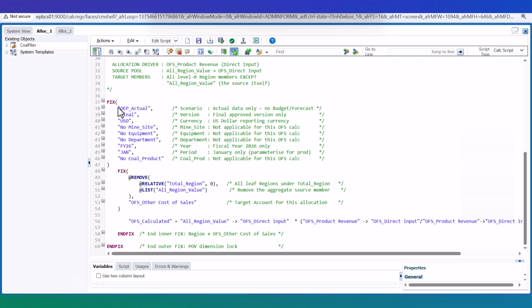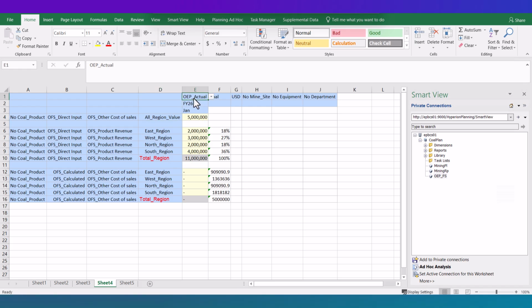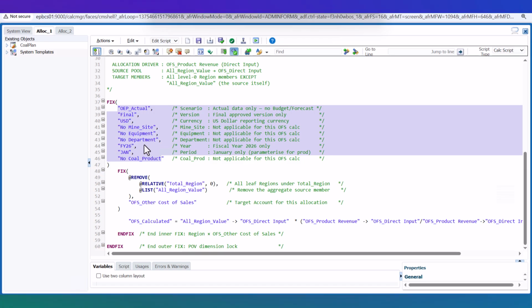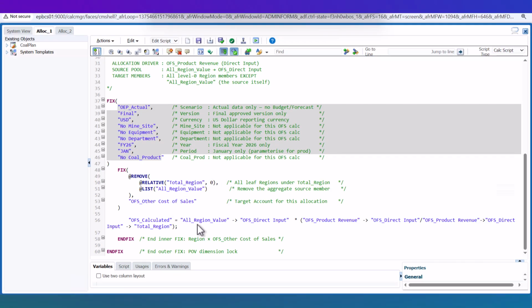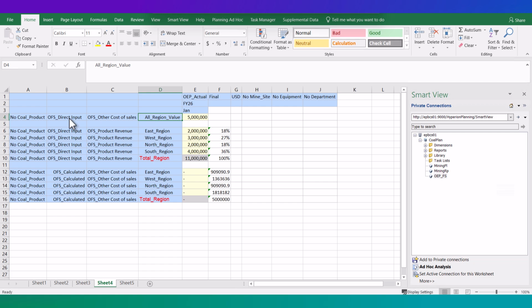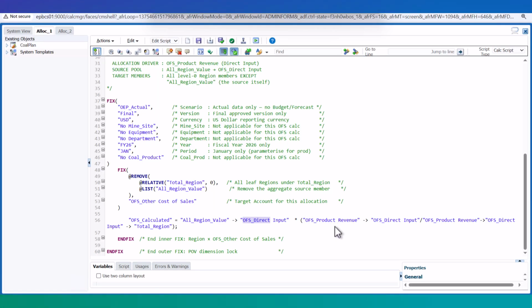And these are all the members which have been fixed inside the Fix statement, because all these members will never change. They are declared under the Fix statement. And the formula is very simple. All Region value, OFS direct input, that is this combination, is multiplied by each region's revenue divided by total region revenue, because I have taken total region, so it will loop for each and every region.